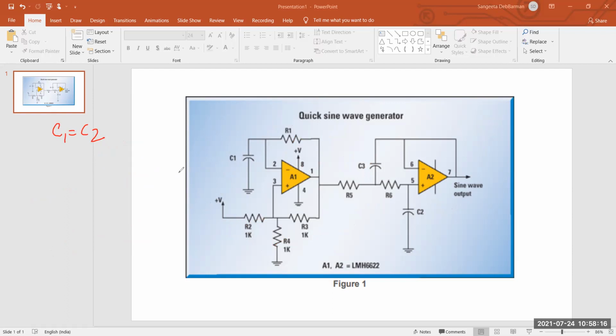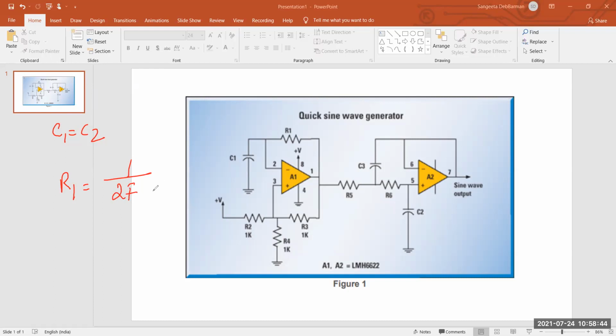And R1 here is 1 kilo ohm. The calculated value you can take as 1 by 2f, where f is the sine wave frequency.